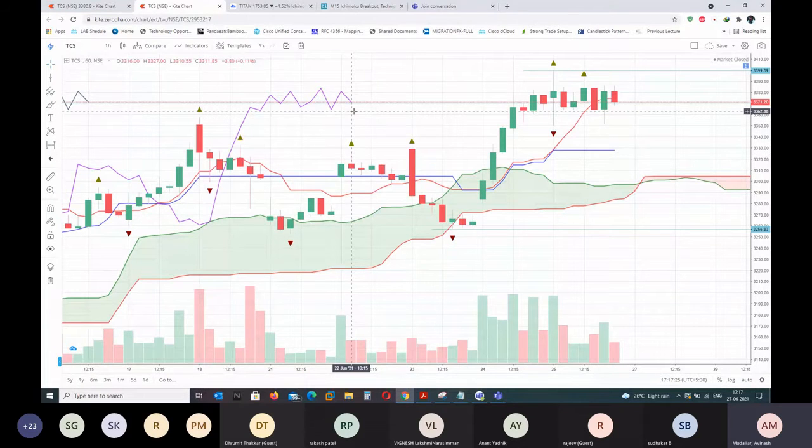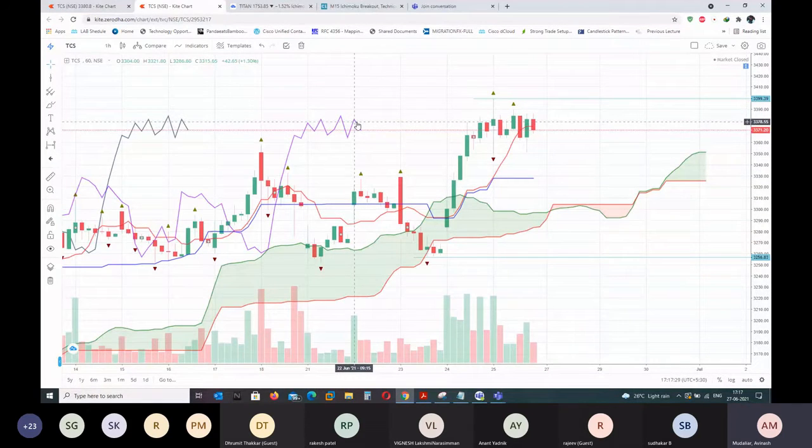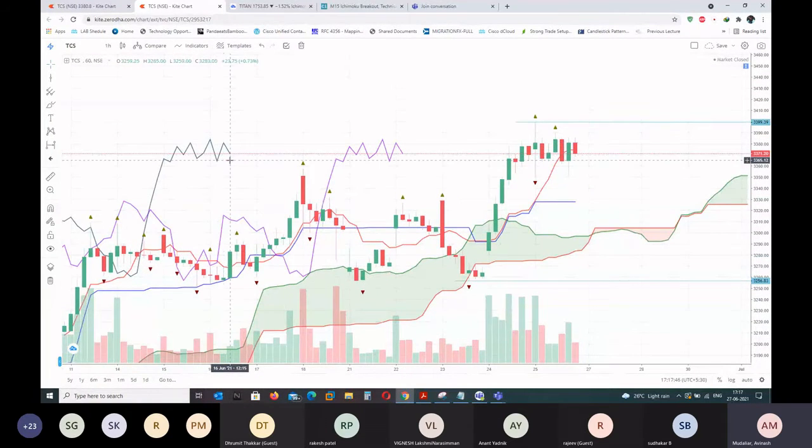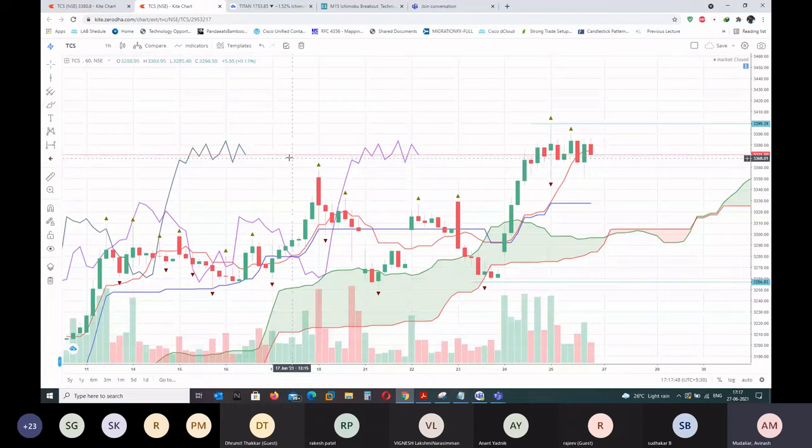Like I said earlier, the ideal Chiku span is plotted 26 days in the past. I generally use two Chiku spans, one at 26 and one at 52. This dark bluish line is the Chiku span set to a 52 period.